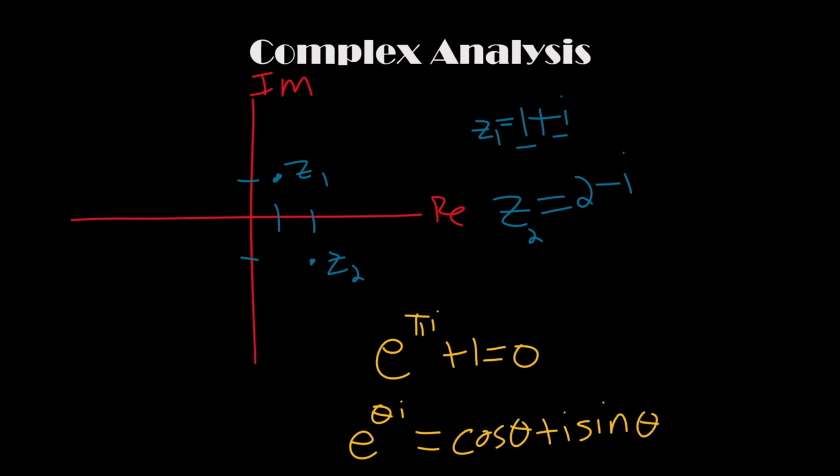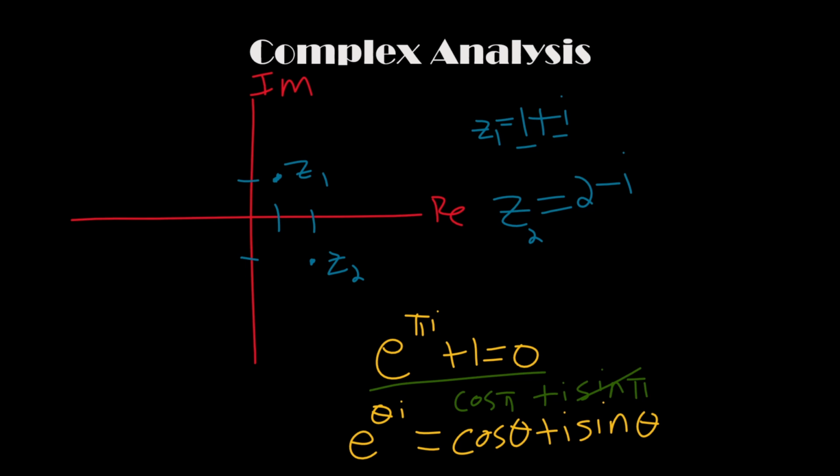If we compare the two, we can plug in pi, and what we find is cosine of pi plus i times the sine of pi. We know that the sine of pi is 0, so there's no imaginary part here, but the cosine of pi is negative 1. So e to the pi i is negative 1, or if you add 1 to both sides, you get that famous result right there.